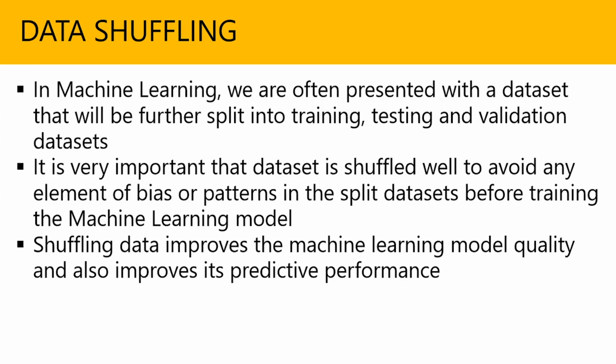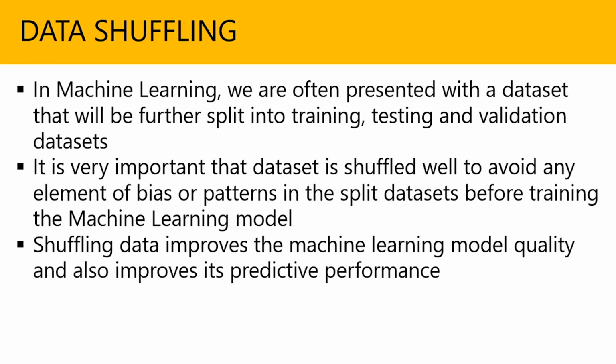And then here you are with a question that needs to be answered through machine learning. So this data set will be further split into training, testing, and validation. Typically, it's about training and testing, okay? But in my instance, I'm going to also talk about validation data sets as well.